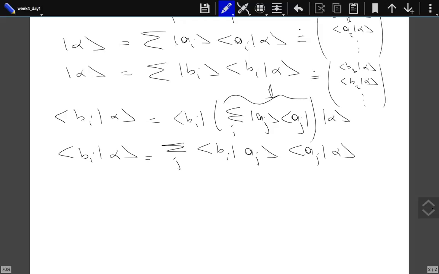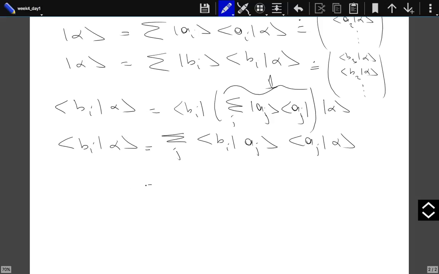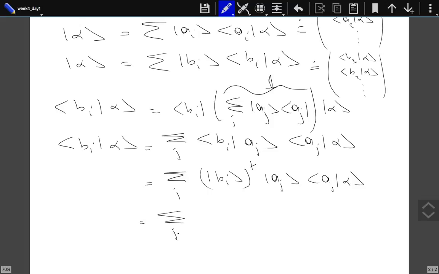Now what is that matrix, that operator over there? Let me write it in this form. This is sum over j of BI ket dagger AJ alpha. Sum over j.